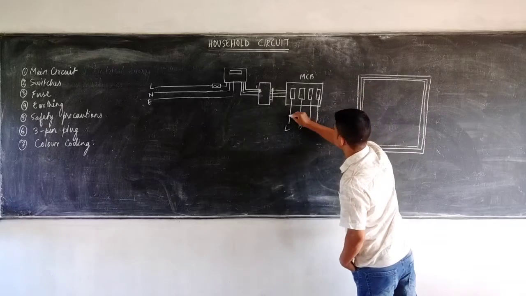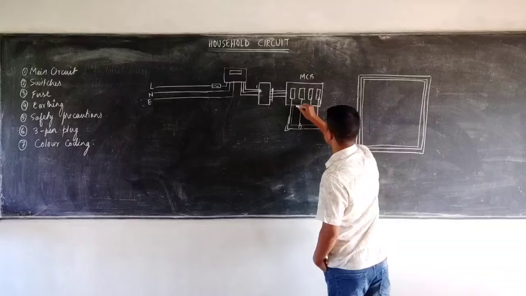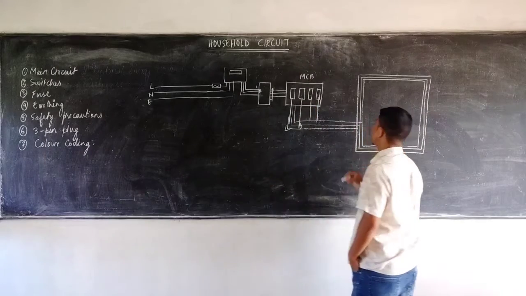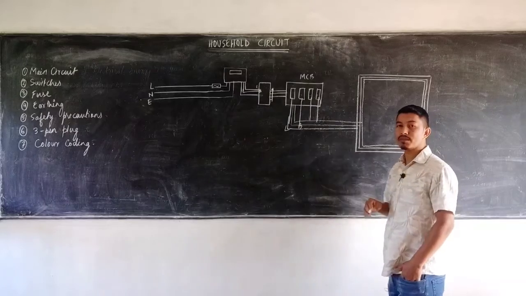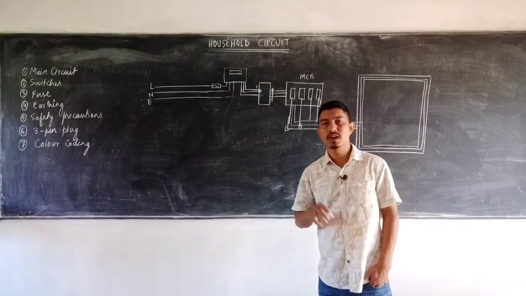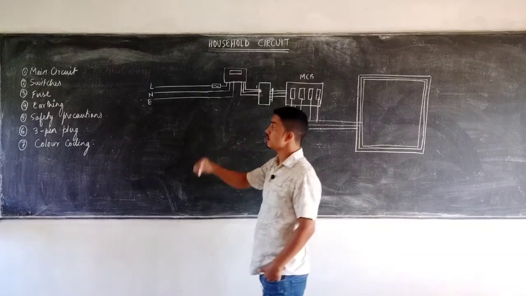Each of the three wires comes from the distribution box. From this circuit, whatever number of connections is to be made inside the house can be taken very easily. So that is about the main circuit.